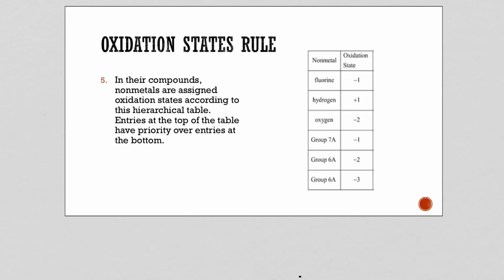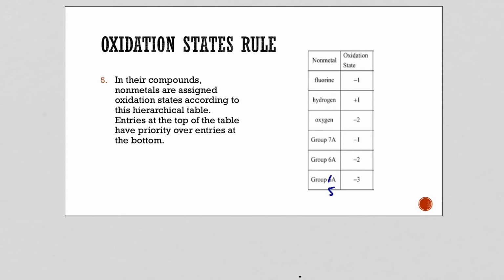Other group 6 elements besides oxygen, so sulfur, etc., would be given a -2, and group 5 atoms, there's a typo in the table. So these would be things like nitrogen, phosphorus, etc. They would be given a -3. But what we see here is, let's say we have nitrogen and oxygen in a compound. Oxygen is going to get the negative charge because it has higher priority over nitrogen. So that's how we're going to use these rules.